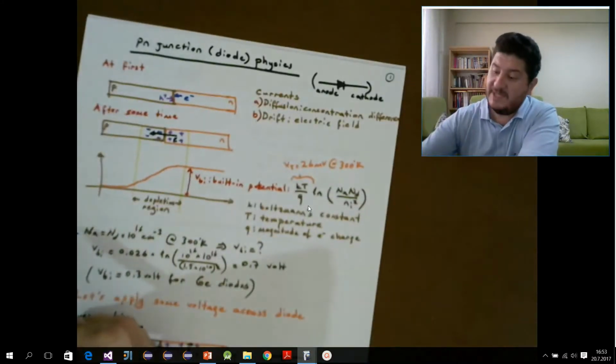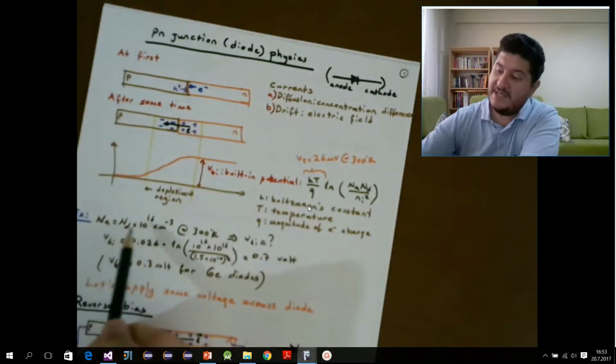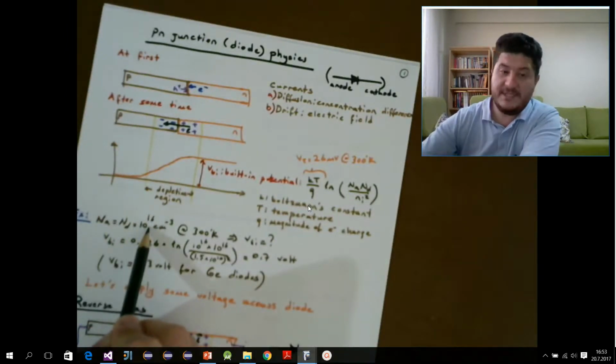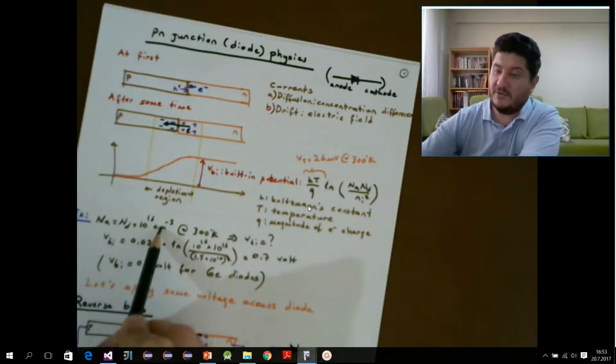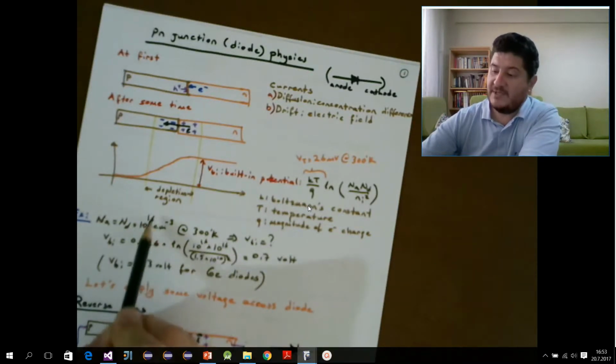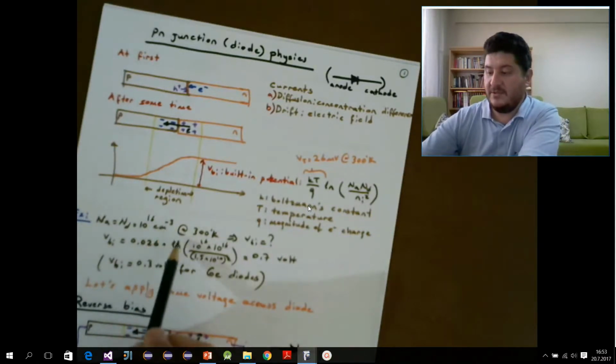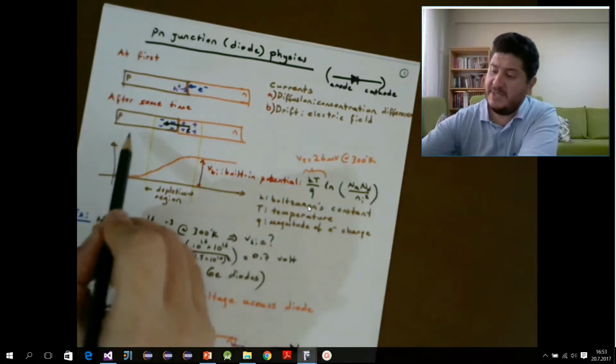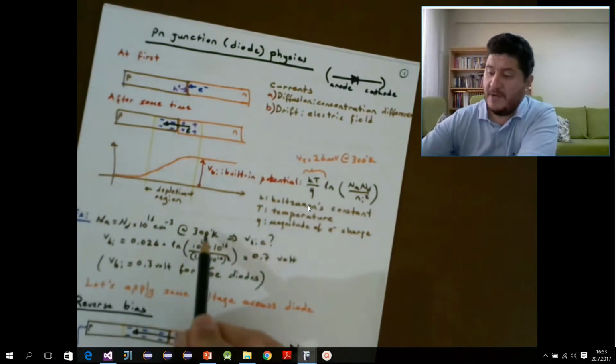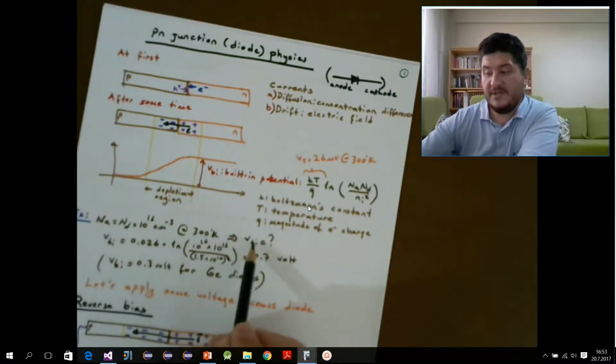So if we give an example, if Na is 10 to the 16, Nd is 10 to the 16 per centimeter cubed. So there are 10 to the 16 free electrons and free holes in a centimeter cubed in the P side and N side. At 300 kelvin, what is VBI?